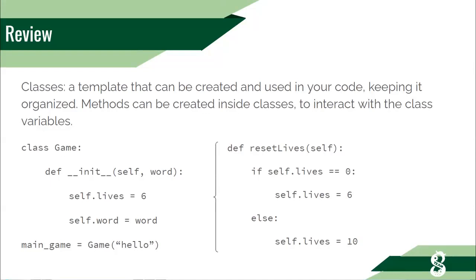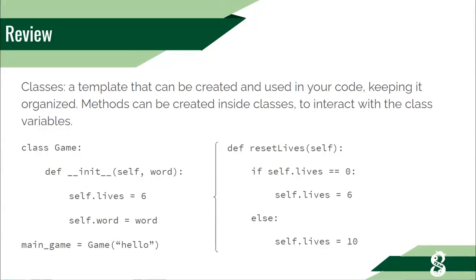In this case, we're referring to the game itself. So the game has 6 lives left. It's kind of confusing to explain. And then we have methods inside the class.